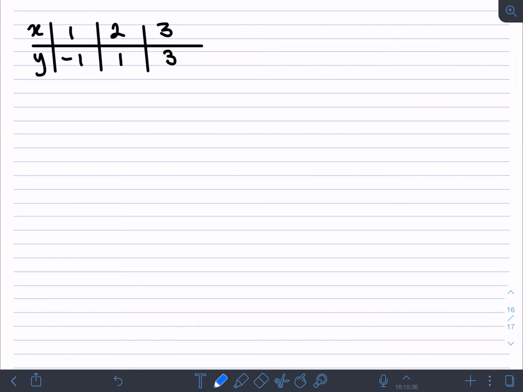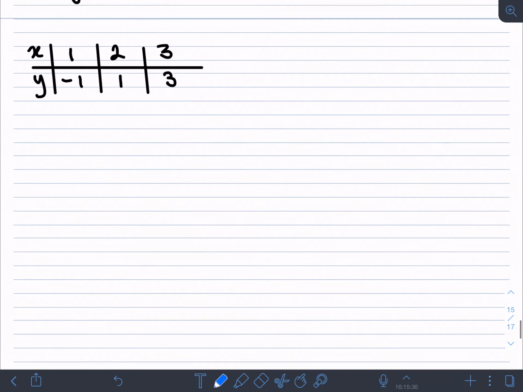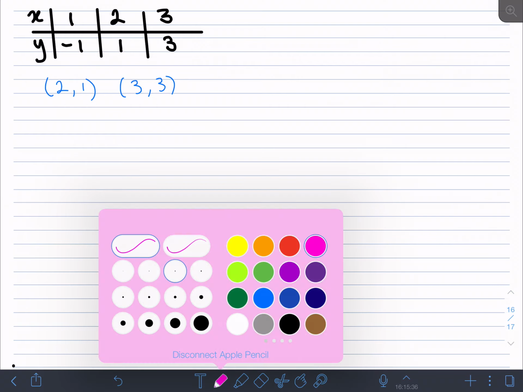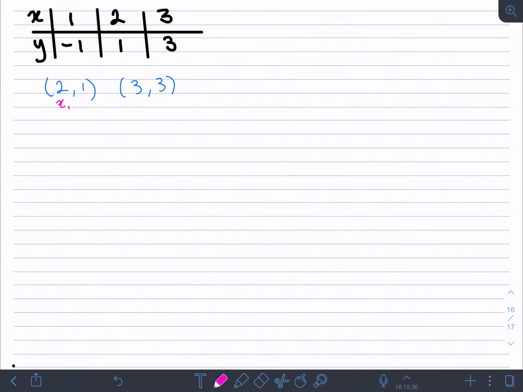So I'm going to pick the first point as 2, 1, and the next point as 3, 3. Now we know we have to label these first. The first one's going to be x1, y1, and the next one's going to be x2, y2. So that's step 1. Step 2 is to find the gradient.